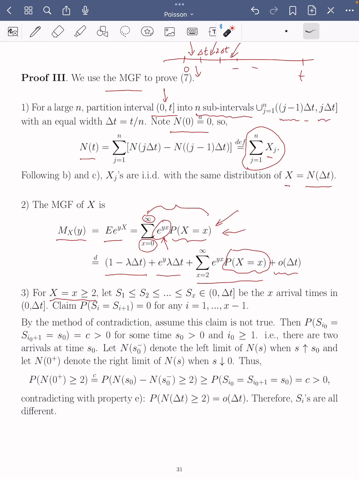So this is the contradiction. This concludes that all of these S sub i are different. This is the crucial part.